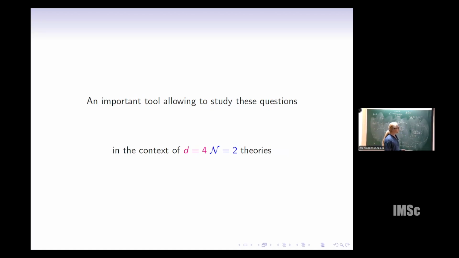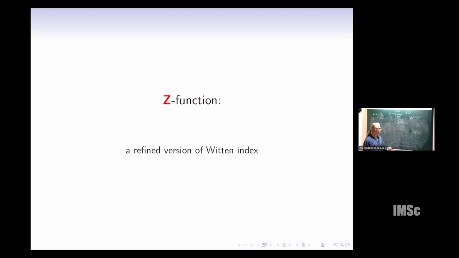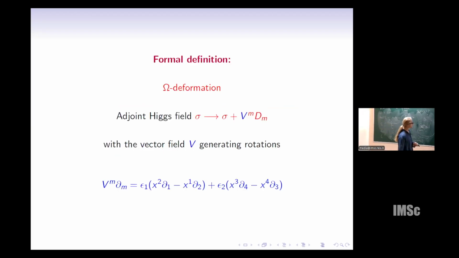And then an important tool which allowed us to study these questions arose in the context of less supersymmetric theories, in the context of D equals 4, N equals 2 theories. This tool is the Z function, sometimes called the Nekrasov partition function. It's a refined version of the Witten index, actually, if you know what the Witten index is. There's a formal definition of this partition function.